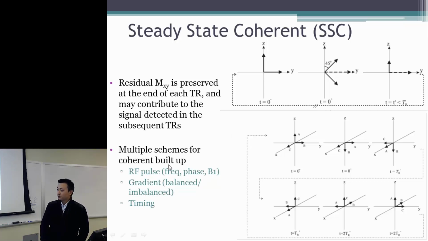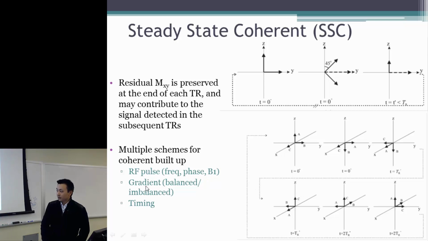So the RF pulse has a very important effect. The frequency of the RF pulse would affect which off-resonance effect we have. The phase of the RF pulse and also the strength of the RF pulse will also affect the steady state.